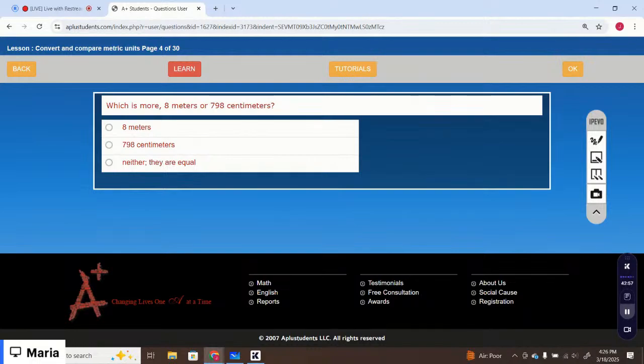Eight meters equal 800 centimeters, right? So 800 centimeters is more than 798 centimeters.